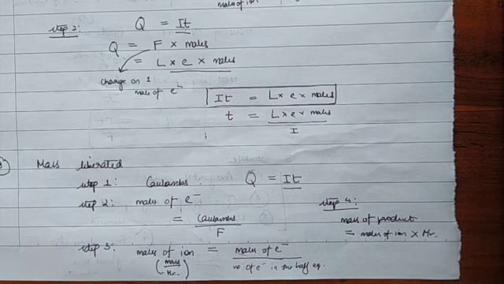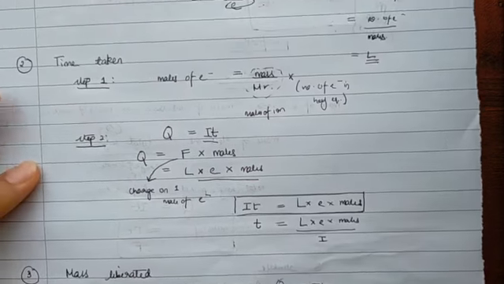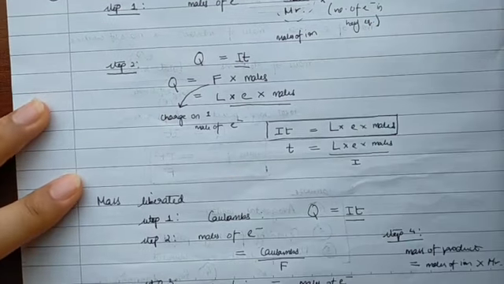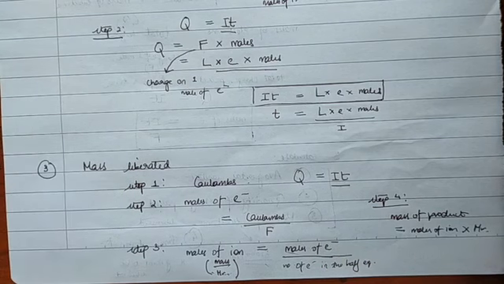So as you can see, these equations connect with each other, and I hope it's clear how I've derived each equation and how I've used the steps. So this is the basic calculation that they will ask.